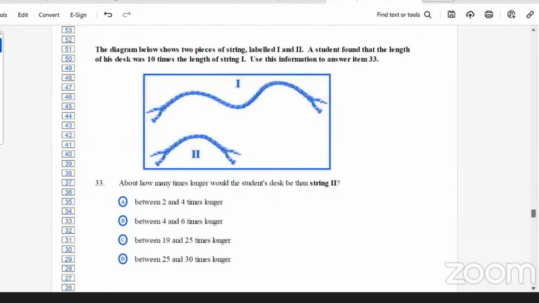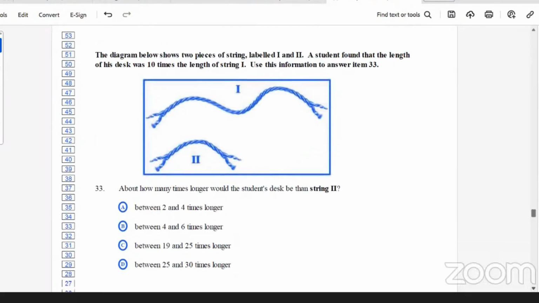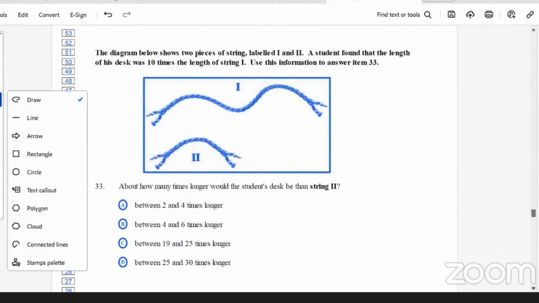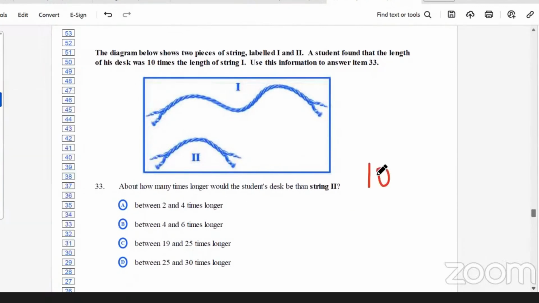If we were going to use string 2, for example, let us imagine that the length of string 1 would have been, just using an example, 10 meters. I mean, it wouldn't have been meters because it's a desk.